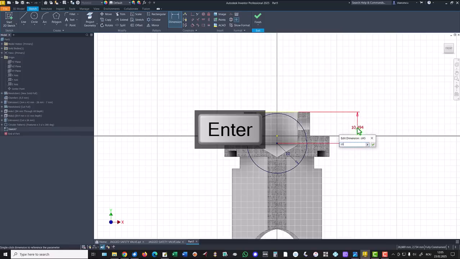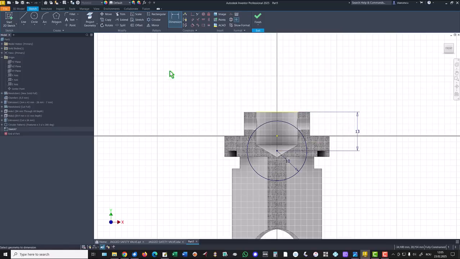This is the distance. Then we draw 2 lines from the center to the outside.